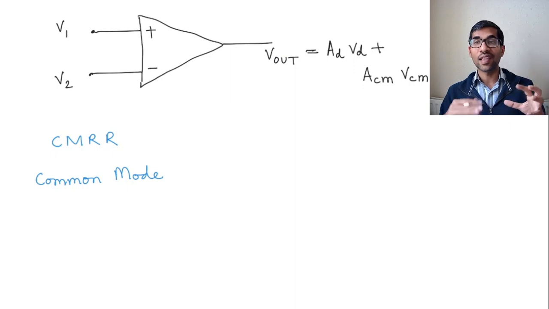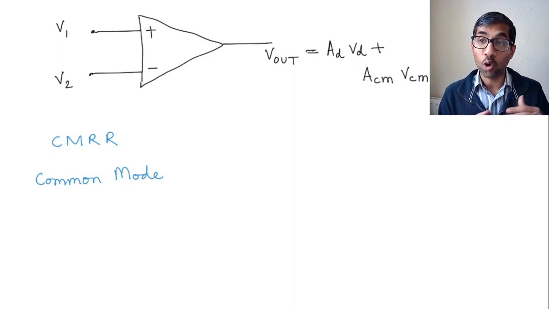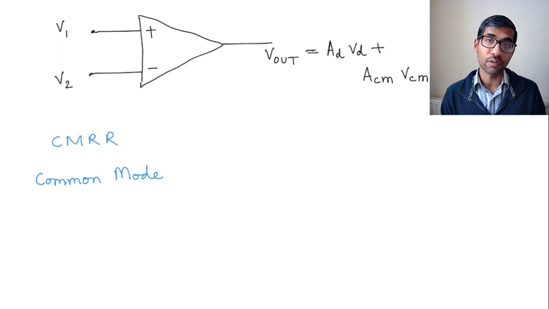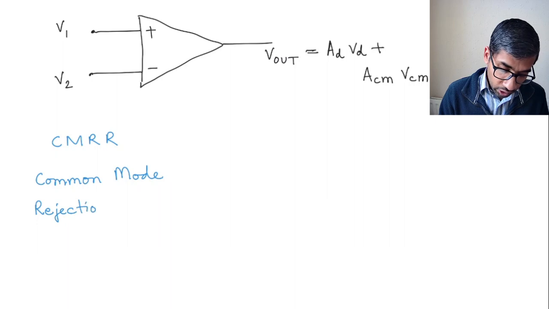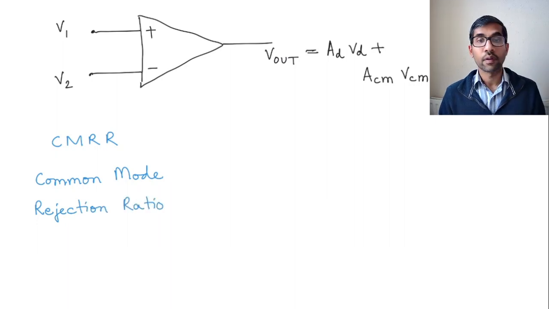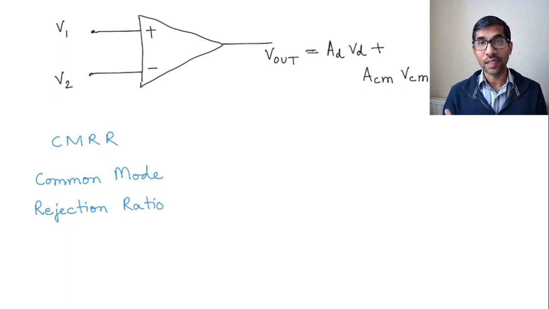Common mode is the average signal, the common signal that is applied to the inputs of the op amp. So it is how much the particular op amp rejects the common mode.